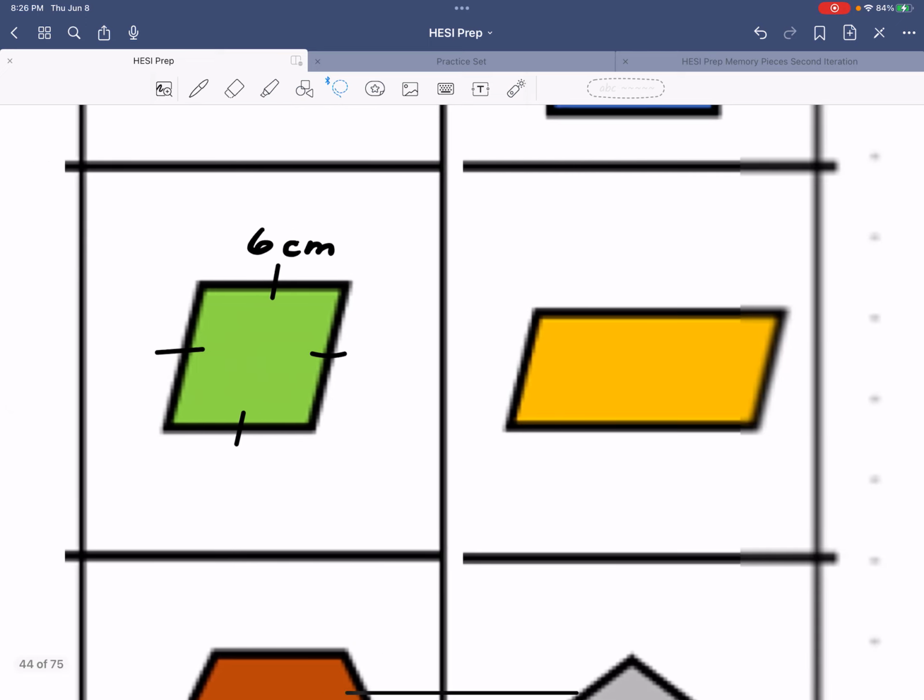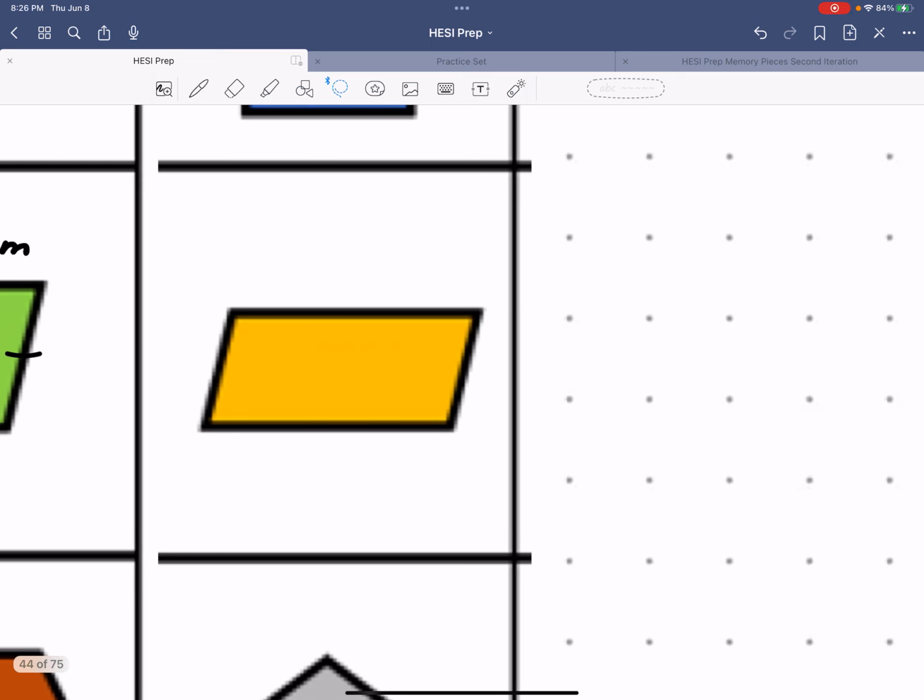And the rhombus's neighbor is the parallelogram. I am going to do area on this one because sometimes you do see this one. So let's give it a height. Maybe the height is 5. What have I not used?